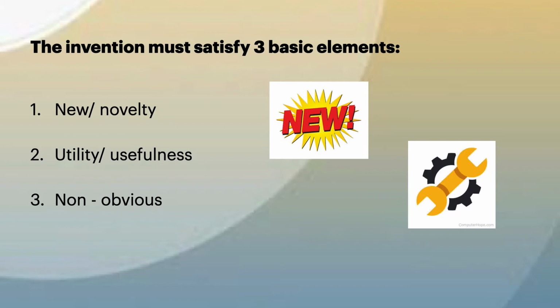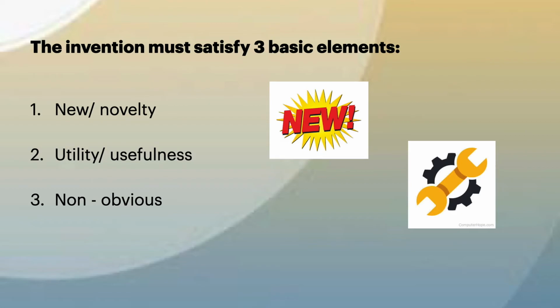Number two, utility or usefulness. Here the second one talks about your invention. Yes, you've invented something good, but how far has it been useful, let's say for industrial purposes or for a household purpose? Let's say you have invented a dishwasher. Now, is this dishwasher actually put to use, or is it just a theory?